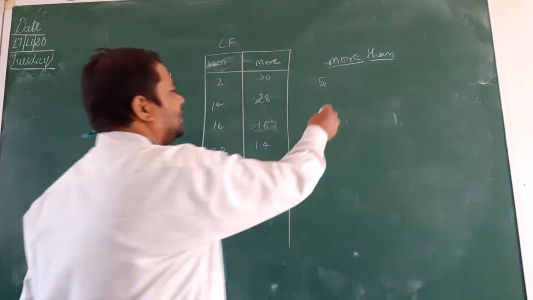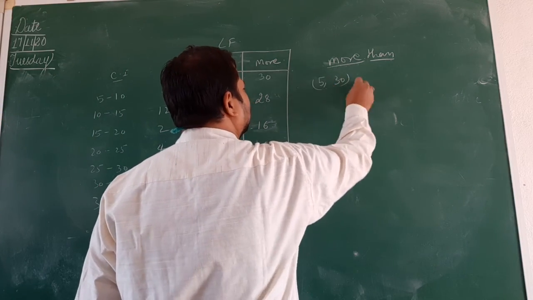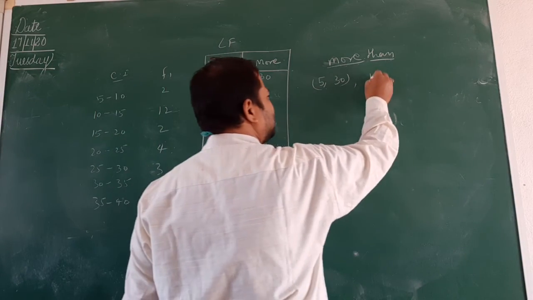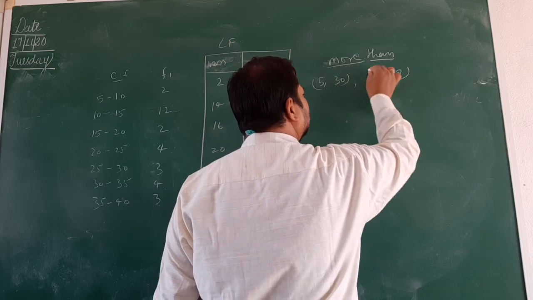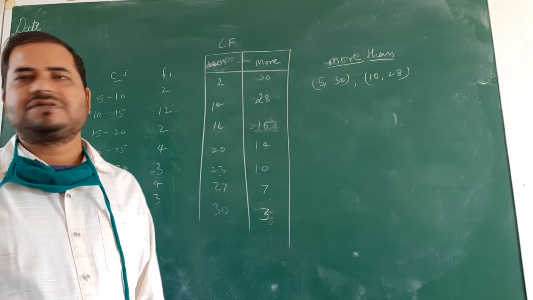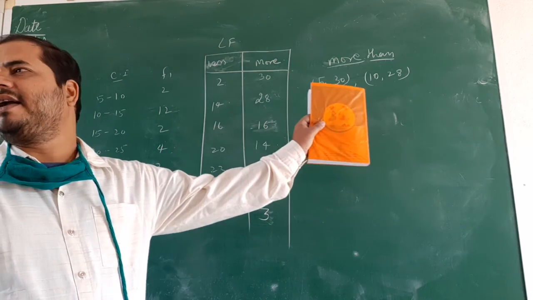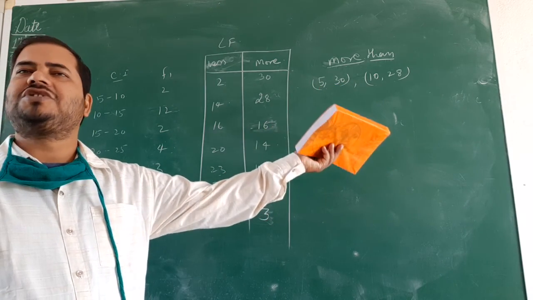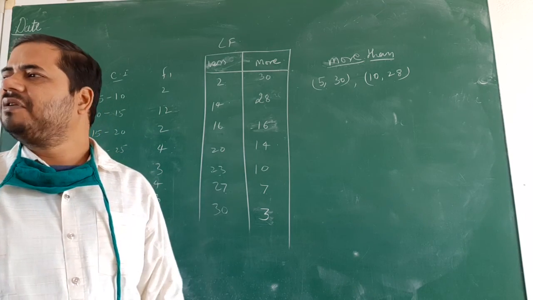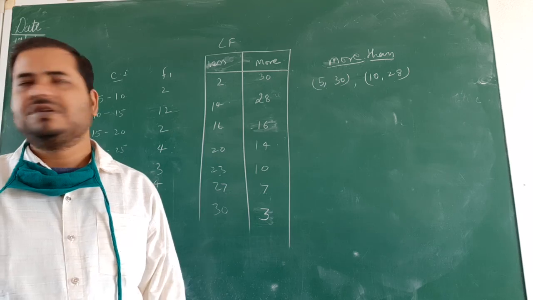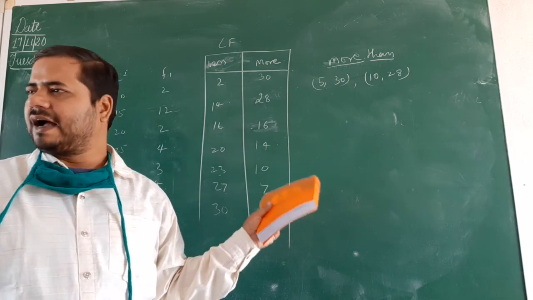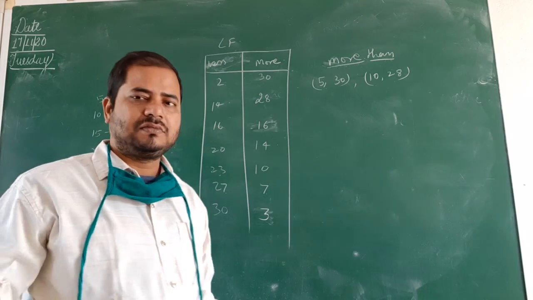Ordinate is 30. So (5, 30), then (10, 28). Now you understood? In this manner you find the ordinate and abscissa. You just draw the points and draw the freehand curve. You will get the ogive. So next time हम आपको इसको पूरा ग्राफ प्लॉट करके दिखाएंगे, ठीक है? So thank you.